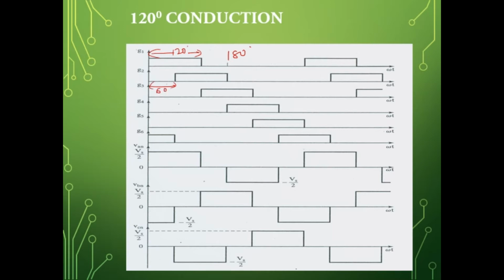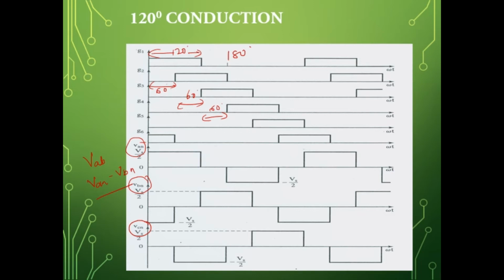With respect to this, again it is 60 degrees, here 60 degrees. So each transistor will conduct for 120 degrees. This gives the phase voltage VAN, this gives VBN, and this gives VCN. We can find the line voltage VAB as VAN minus VBN. Similarly, we can find VBC and VCA.